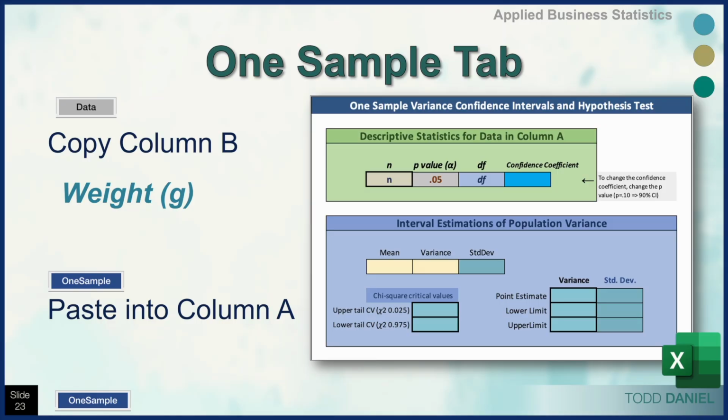So what I'd like you to do is open up this Excel spreadsheet and look for the One Sample tab. Now in this example, I have the data on a separate tab, which is labeled as data. But if you're doing a homework assignment or a test assignment, you'll have data from somewhere else, but you can still use this spreadsheet.